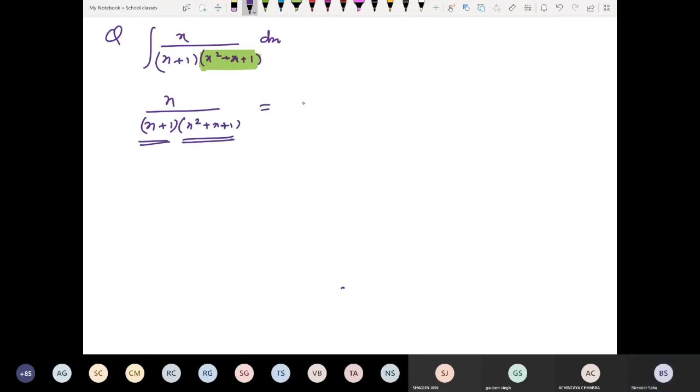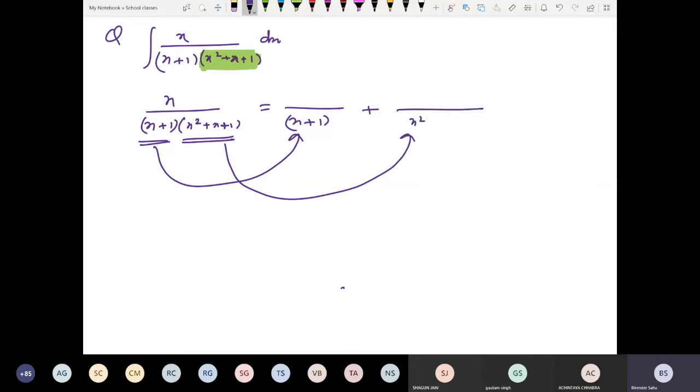So for the linear factor we will be writing here x plus 1, and for this quadratic expression we are writing here x square plus x plus 1. If this is linear, here we have to write a constant term a. If it would be linear, again we will be writing a constant here, but this is not linear, this is quadratic. If it is a quadratic, in the numerator we will be writing a linear.